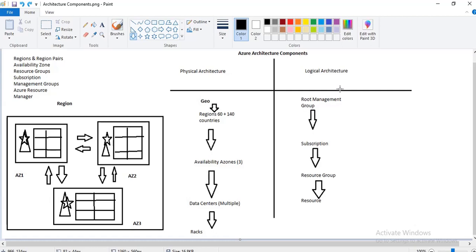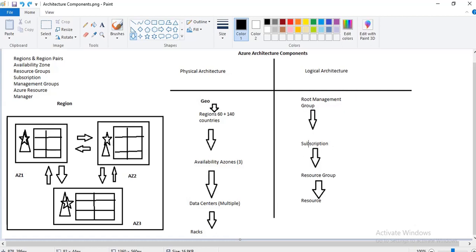So you can correlate a management group as a logical container to control your subscriptions if you have multiple subscriptions in your organization, which will help you ease governance, like the access measures and policies and security measures, and any other governance action you want to take in your organization. Okay, that's about the management group.